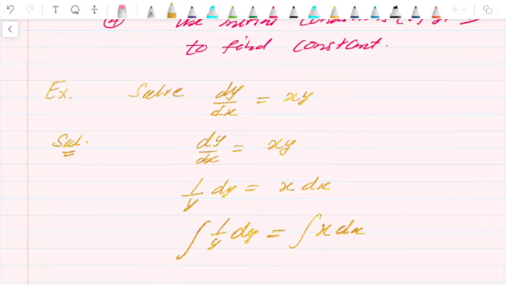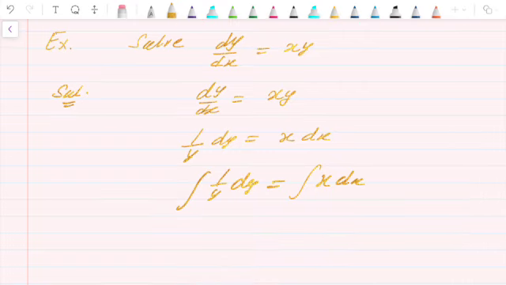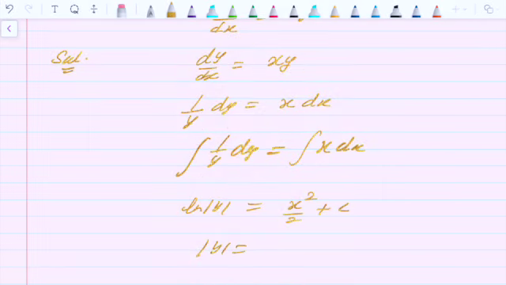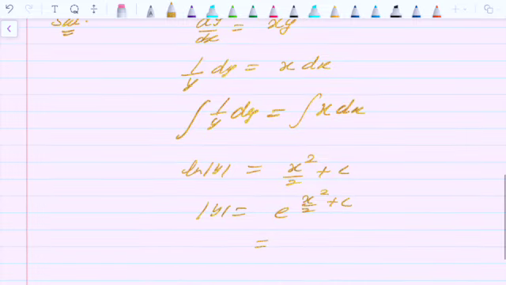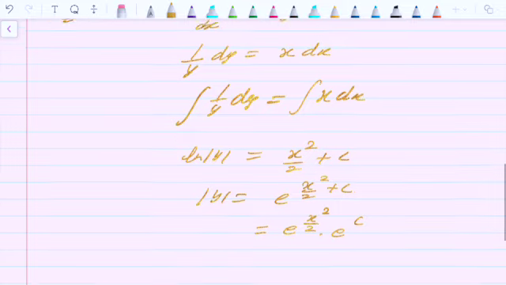We know the integration of 1 over y is ln magnitude of y. So ln magnitude of y is x square by 2 plus c. Now make y the subject. Magnitude of y is equal to e raised to the power x square by 2 plus c, that is e raised to the power x square by 2 into e raised to the power c.